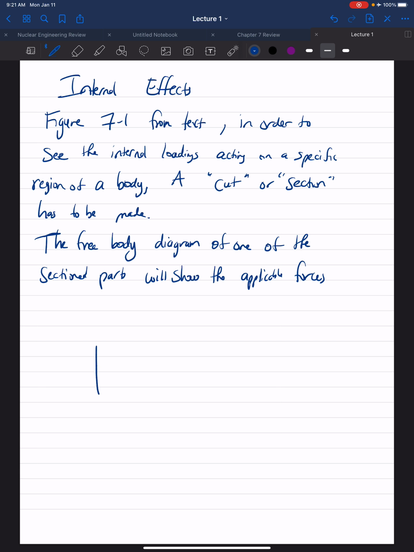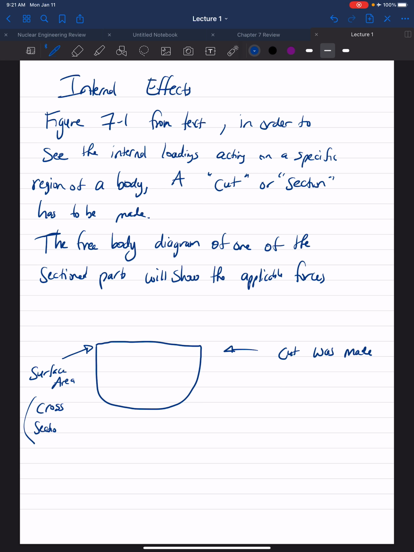So if we were to cut a body, this is where the cut was made. And this is the surface area, otherwise known as cross section. Keyword here is section, where you made this section across the area.